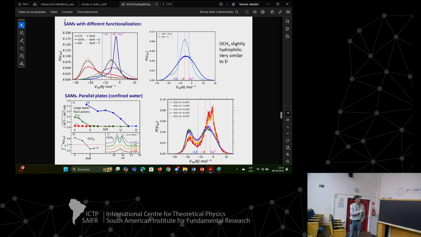So they begin to dominate this interplate region. Of course, these molecules are going to be easy to remove. You have a transition again at this point, marked by -6 kilocalories per mole, between a hydrophobic and hydrophilic behavior. This is what happens.